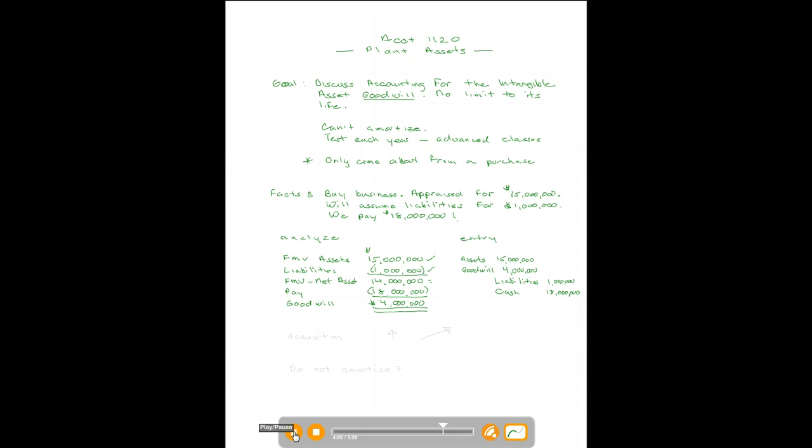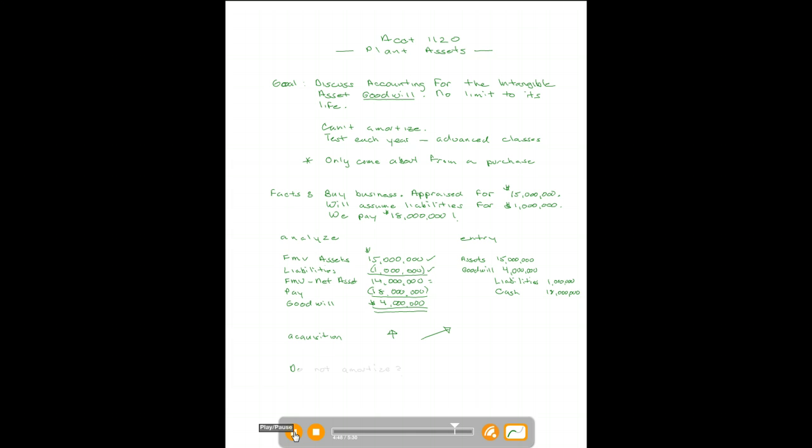Does my entry balance? Yes, it does. So that is the entry to record the acquisition, where the acquisition leads to the recording of goodwill, and this is the entry that does it.